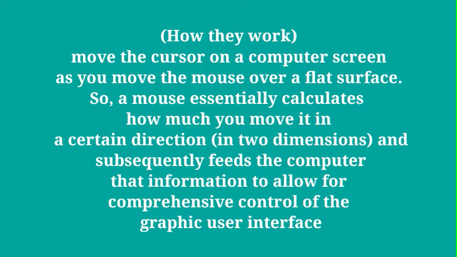How does it work? It moves the cursor on the computer screen as you move the mouse over a flat surface. So, a mouse essentially calculates how much you move it in a certain direction, in two dimensions, and subsequently feeds the computer that information to allow for comprehensive control of the graphical user interface.